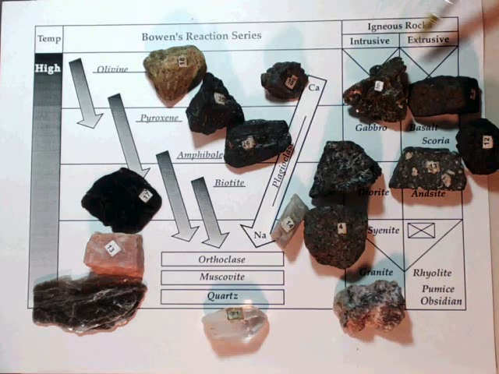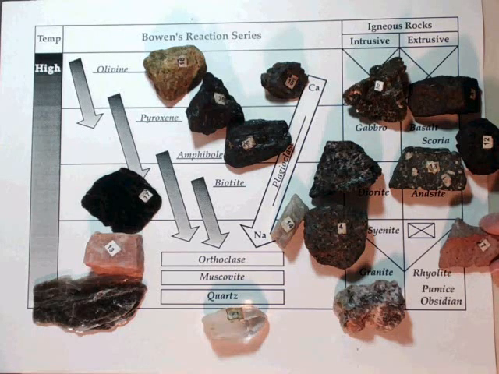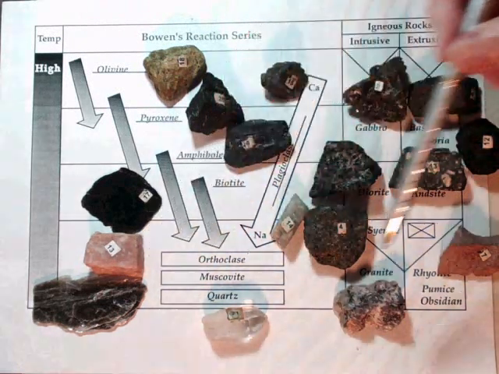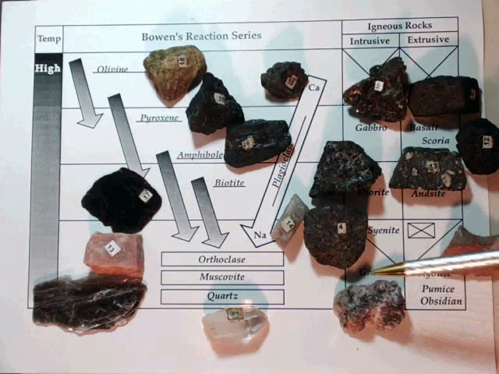Over on this side then, same mineralogy as our granite, but cooled very rapidly. This is called rhyolite. It'd be number 7 in your tray. You do see the pinkish color, like the orthoclase there, and a few very small specks of the darker, a little bit of muscovite in there.